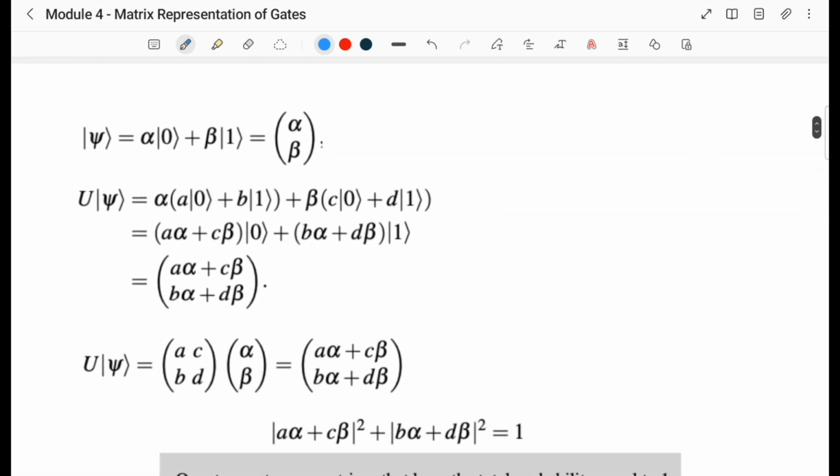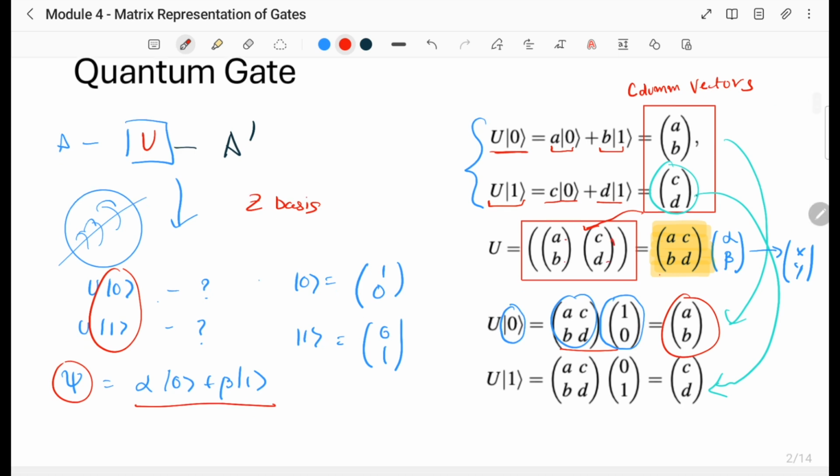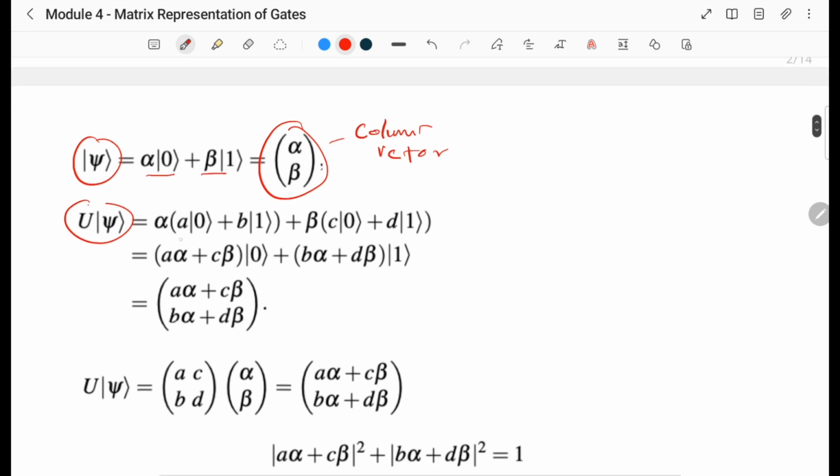Here's a better description of the same thing. We start with our quantum state psi, which is represented as alpha 0 plus beta 1, and here's a column vector. We want to operate on this state with our gate U, and our gate U here is any arbitrary gate with matrix elements A, B, C, and D, and we operate it.